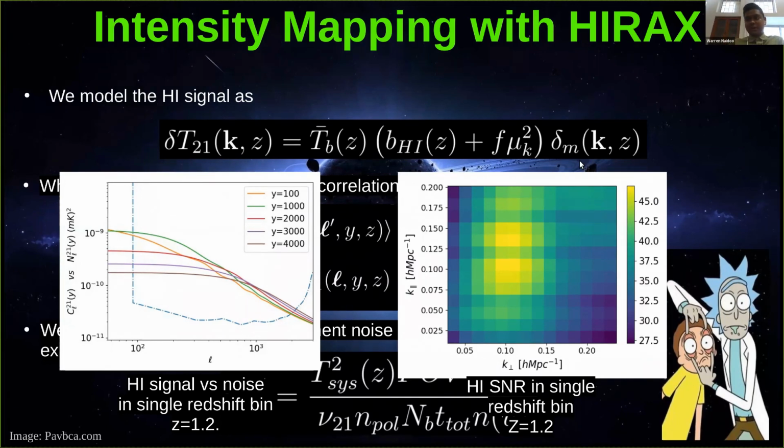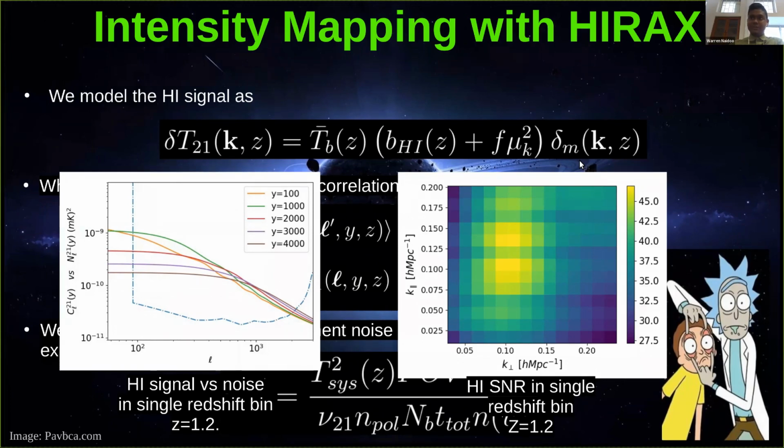What determines this H1 bias is a good question. Firstly, we model it using halo model statistics. There are calculations done based on the evolution equations and then the halo models, and then you get this linear bias term and then higher order corrections. But in terms of measurements, you can use measurements to constrain the biases.